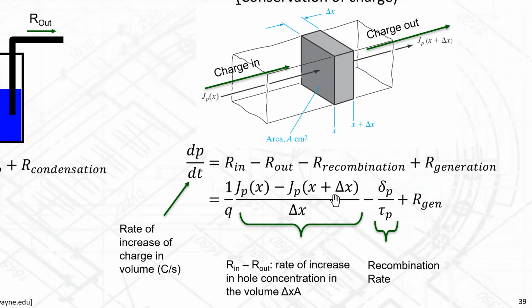And we have to divide by this delta X to get the correct units. Okay, because this is amps per centimeter squared. This is amps per centimeter squared. And if you divide by delta X, what are the units that you get?